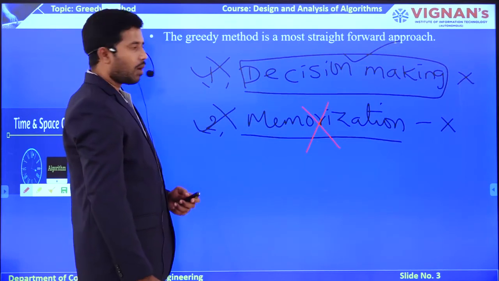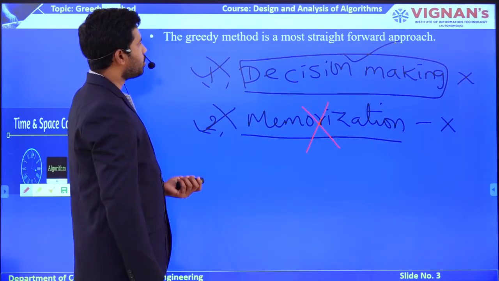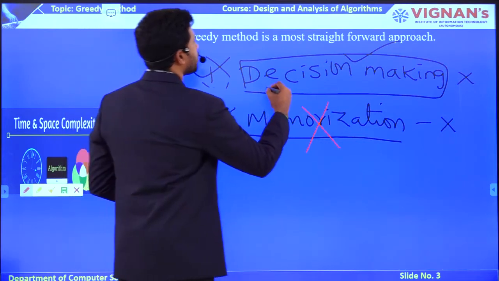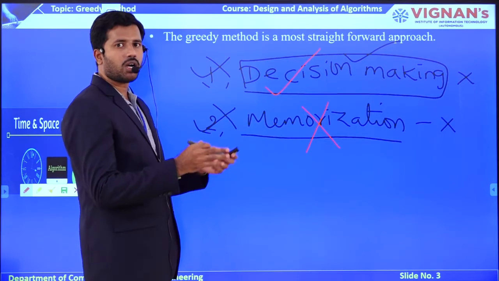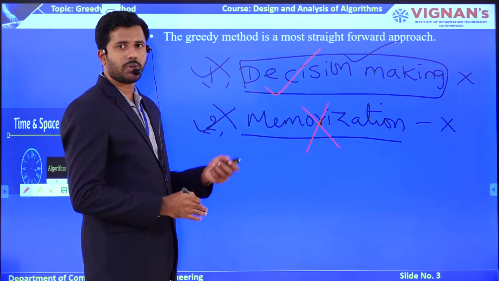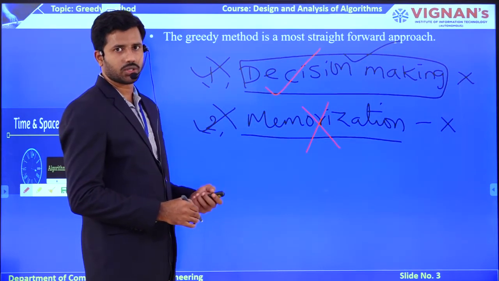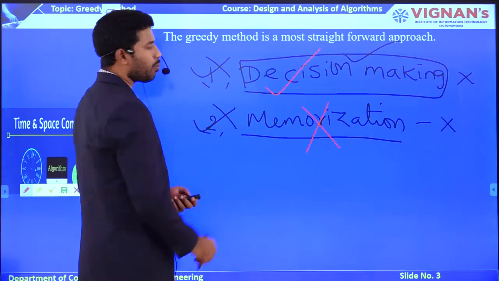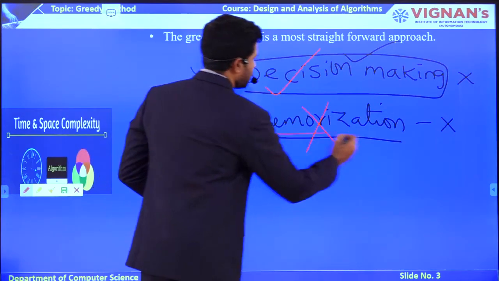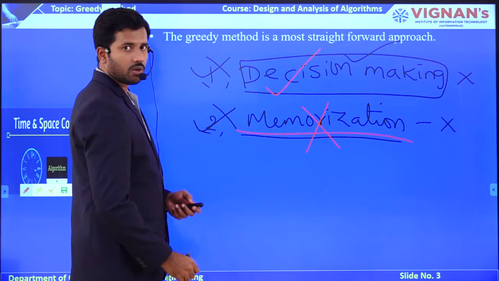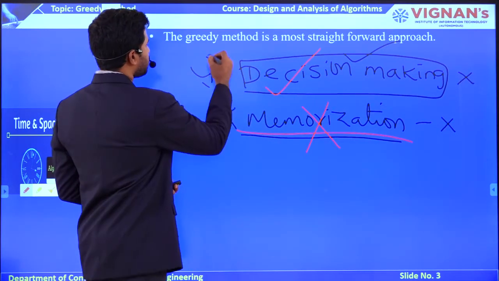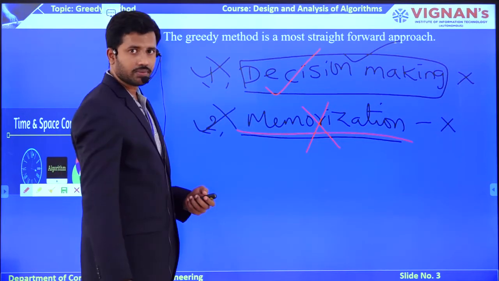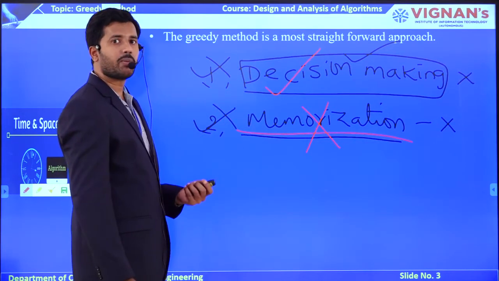So coming to these two features, greedy technique supports decision capability, to choose among multiple solutions which one is going to be your optimal solution, or nothing but the best solution. Ultimately the greedy approach does not have this memorization capability. Now we can ask one doubt: what is the technique which supports both these two features? That is going to be your dynamic programming technique.